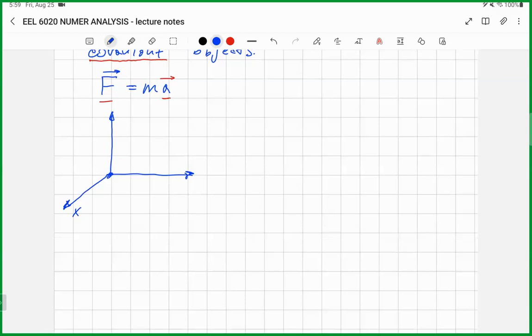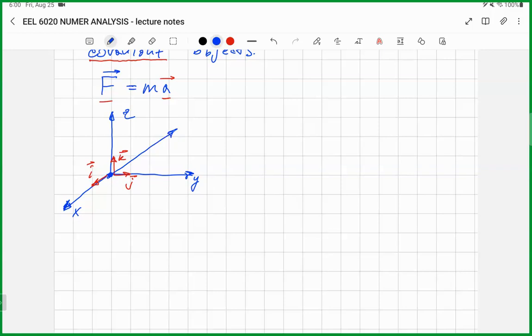So usually we denote these axes x, y, and z, right? And we also assign the unit vectors i, j, k. And then as we set the coordinate system, we can describe the things.